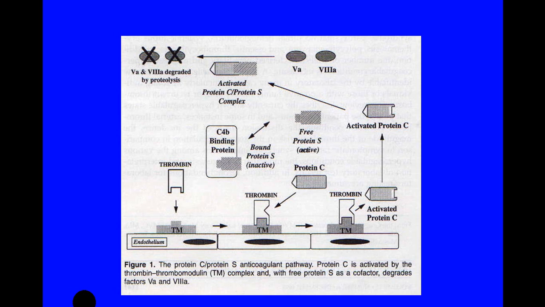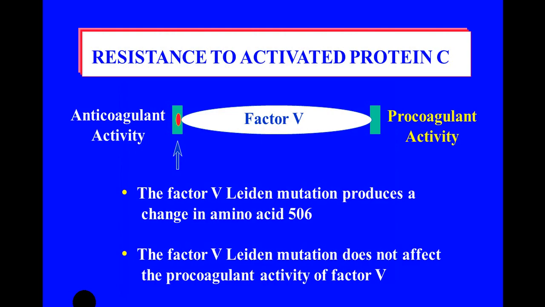Whenever factor 5 and factor 8 are activated, protein C and S inactivate them. So this diagram shows how protein C and S regulate thrombus formation.